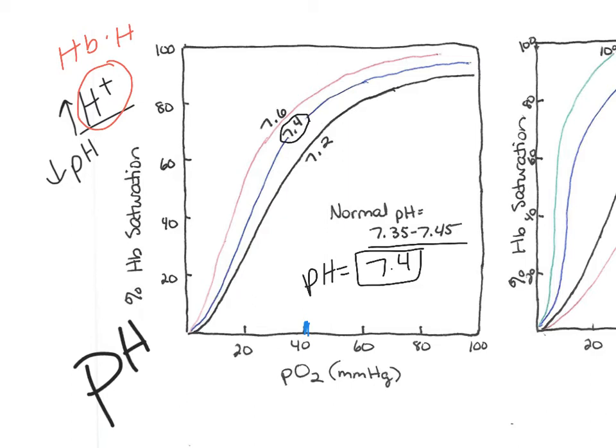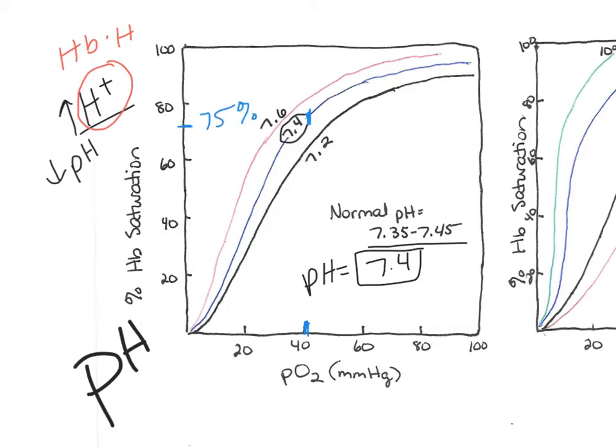And so at a PO2 of 40 millimeters of mercury and a normal pH of 7.4, if we see where that intersects on this graph, that means that the percent of saturation would be around 75%.